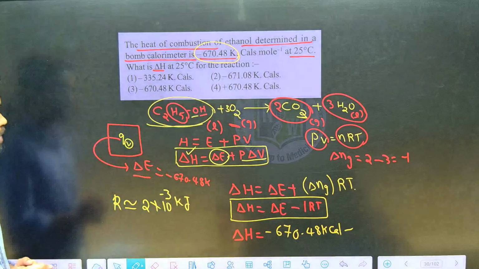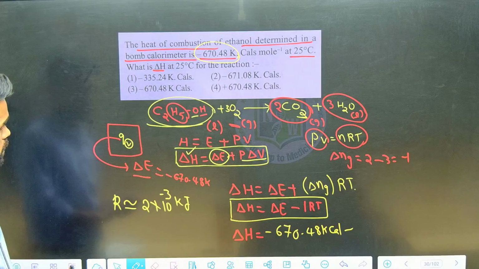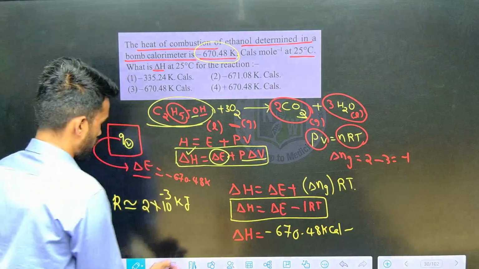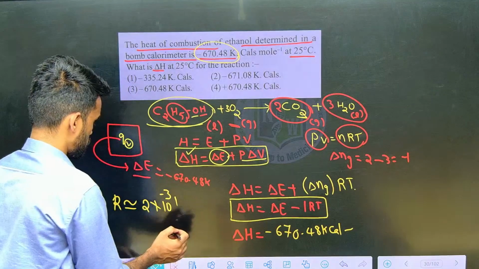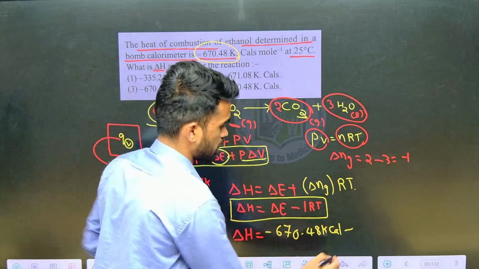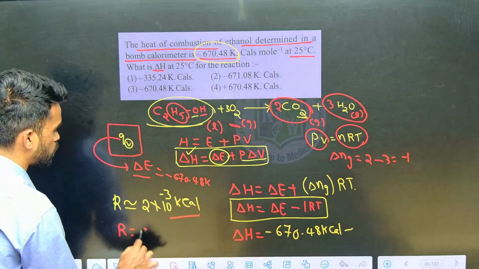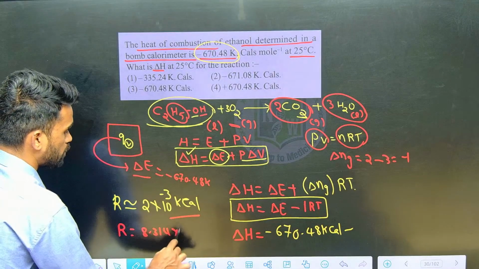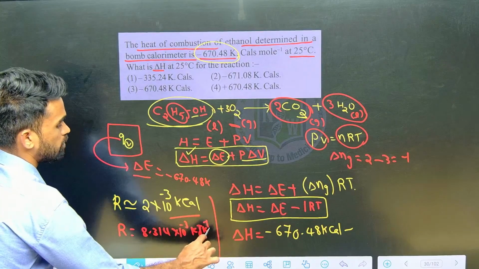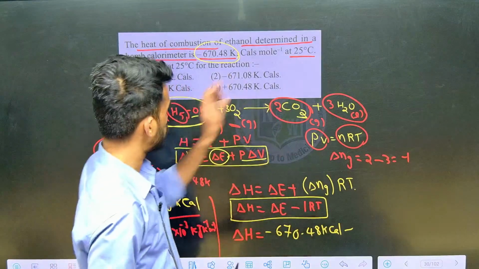They are asking for the answer in kilocalories only. If they are asking for joules, you can use 8.314 into 10 power minus 3 kilojoule per Kelvin. The units for R are kilojoule per Kelvin per mole. Since they are asking for calories, I am using this data.